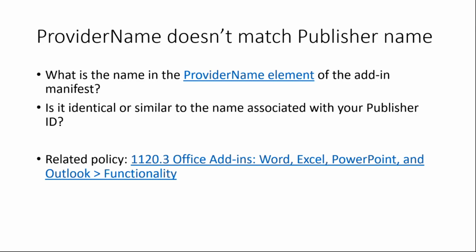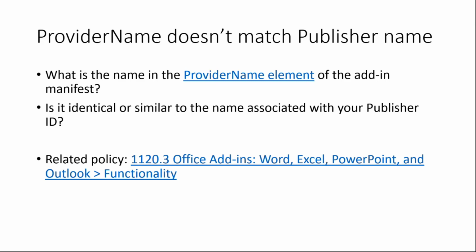It would not be so good if, let's use Microsoft as an example, I'm using a Microsoft publisher account, but my add-in says the provider is Google. Seems a little iffy to me. So we check for that kind of information to ensure that the add-in is coming from this particular publisher.